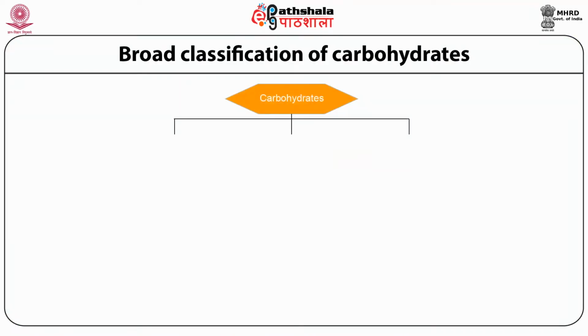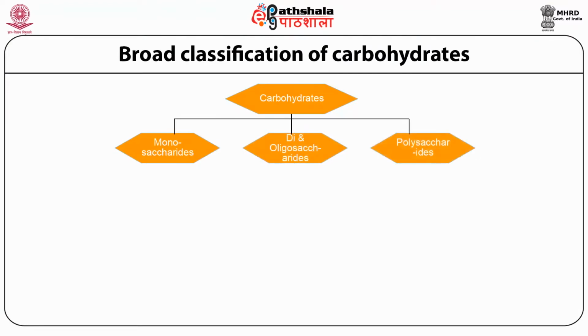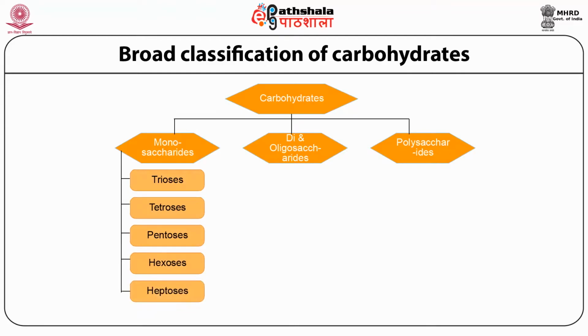Carbohydrates can be classified in a broad way into three groups. First is monosaccharides, second di- and oligosaccharides, and third polysaccharides. Monosaccharides are further classified on the basis of the number of carbons present, like trioses, tetroses, pentoses, hexoses, heptoses.